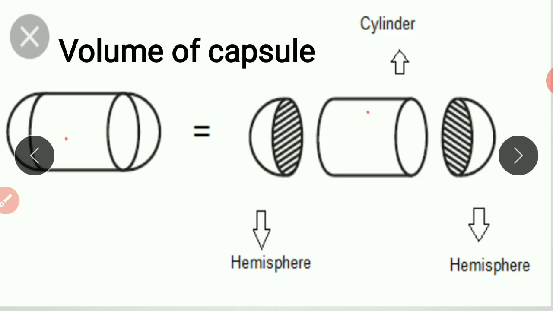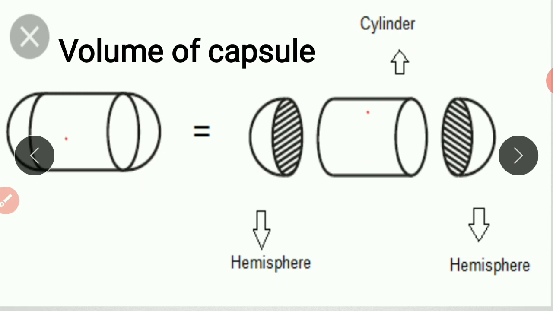See this diagram. We have to find the volume of capsule. Whatever any combination, first of all you have to find out what are the solids in the given toy or capsule, whatever it is. In this capsule, we have one hemisphere, cylinder and another hemisphere.